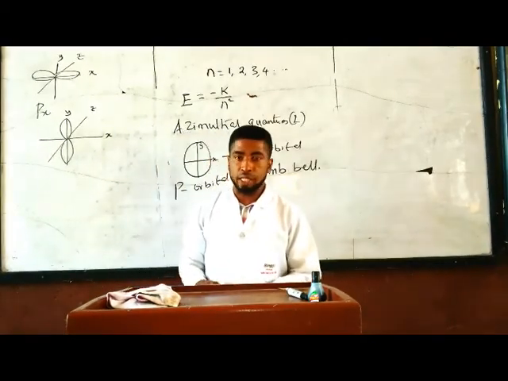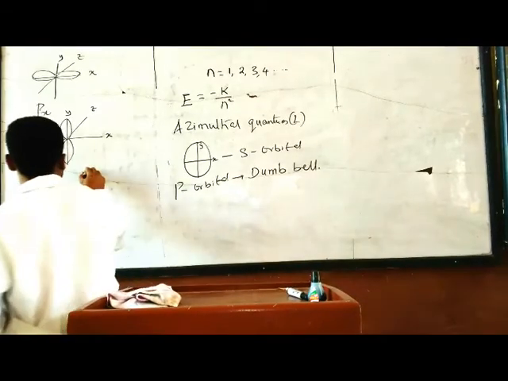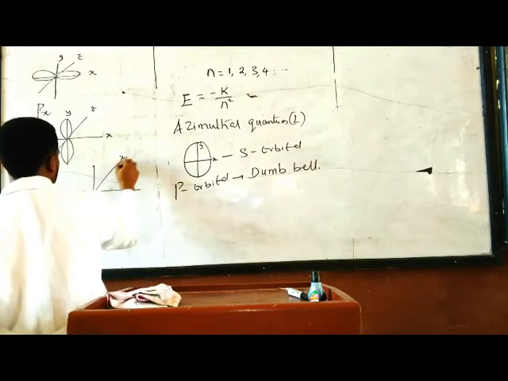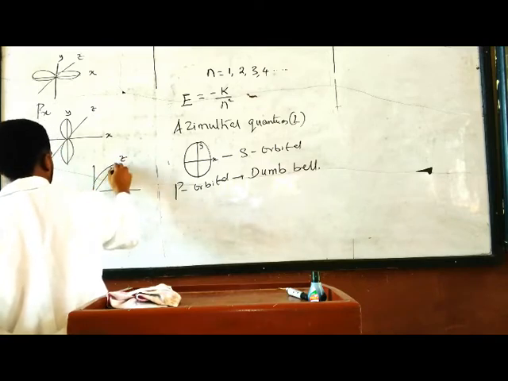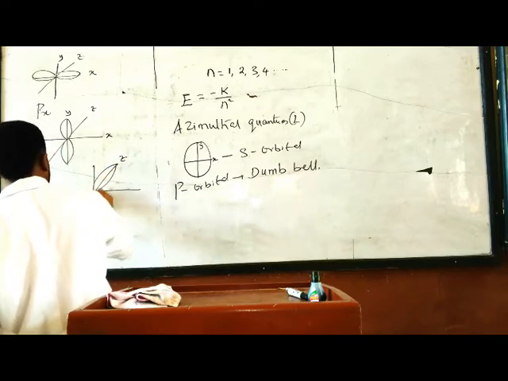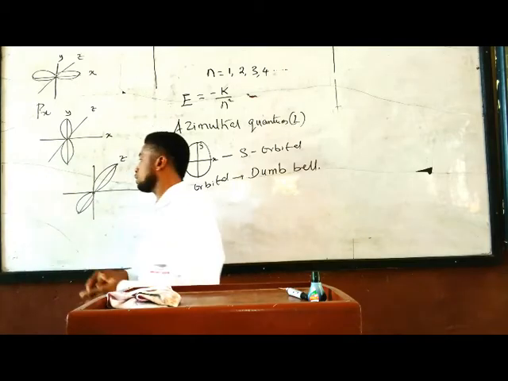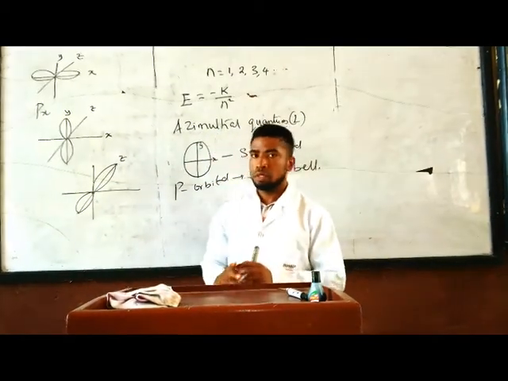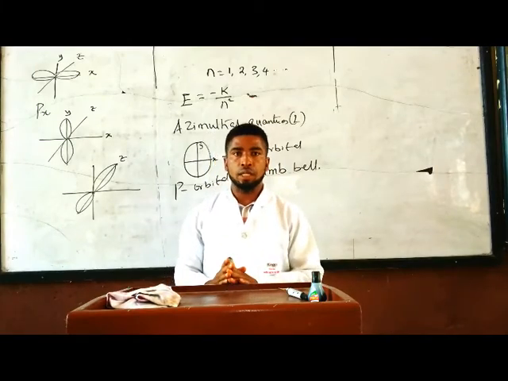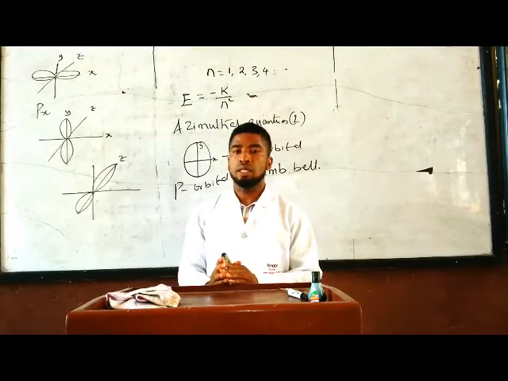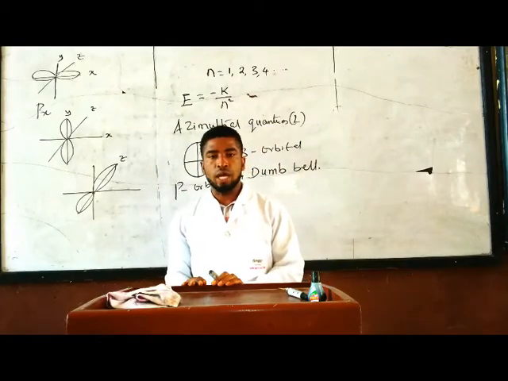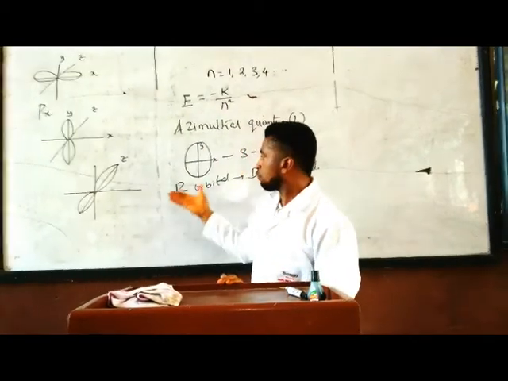Now to draw my Pz, then I will have something like this. Remember, the dumbbell will now face the Z axis. So this is my Pz. So, in summary, we are saying that p orbital has dumbbell shape, and these are the three dumbbells. Now, s orbital is spherical in shape.